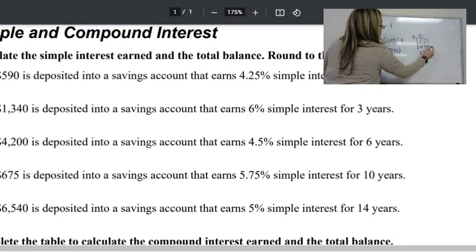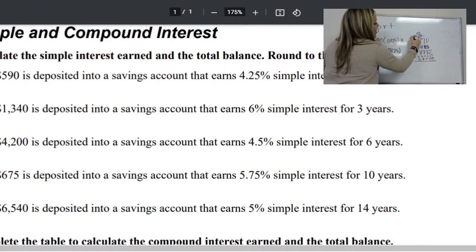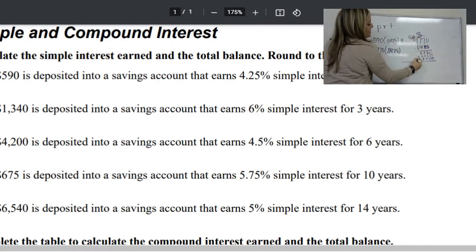Now 0 times 2 is 0. 7 times 2 is 14. 4 can stay, 1 got to go. 7 times 2 is 14 plus 1 is 15. 5 can stay, 1 got to go. 1 times 2 is 2 plus 1 is 3. Now we have 0 times 4, it's 0. 4 times 7 is 28. 8 can stay, 2 got to go. 7 times 4 is 28 plus 2 is 30. 0 can stay, 3 got to go. 1 times 4 is 4 plus 3 is 7.